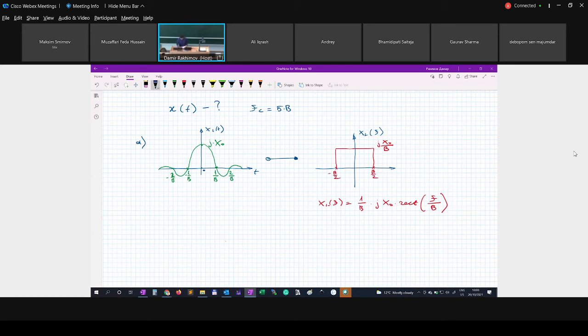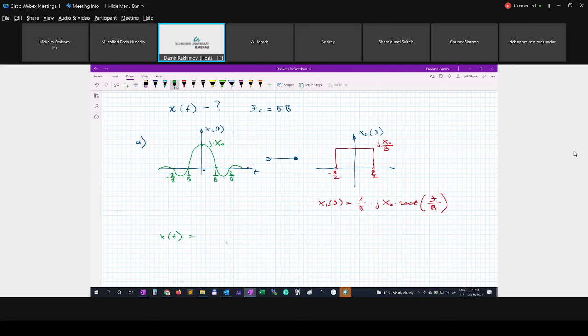Okay, let's go further. Now we have to reconstruct our time domain signal in the bandpass range. We can do it very easily if we follow this expression: the time domain signal you can reconstruct from two parts of your low pass signal. You take the real part and the imaginary part, and you multiply each part by the cosine and sine carrier frequencies.